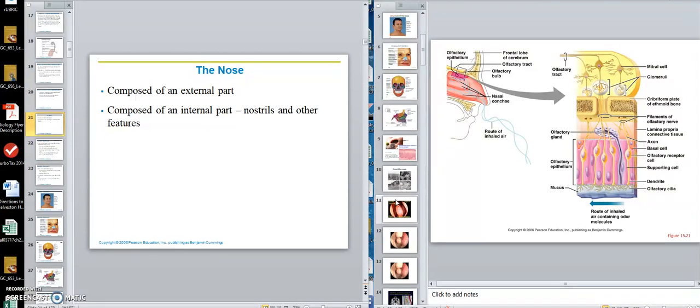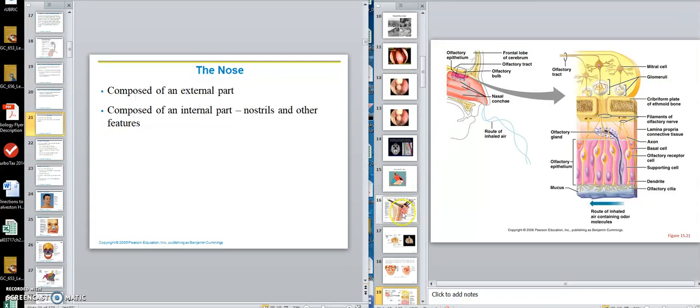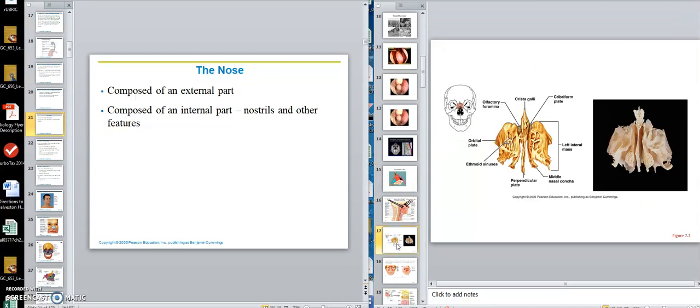If you took the top off the skull and looked inside, there was a shark fin looking thing inside the skull. That particular thing was called the crista galli. Lateral to the crista galli was an area called the cribriform plate.